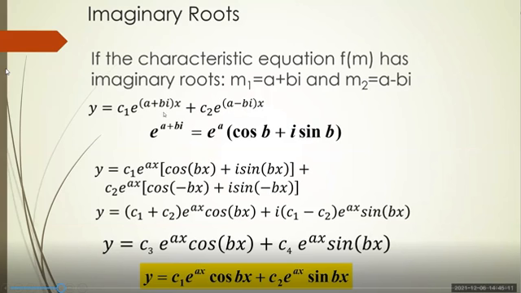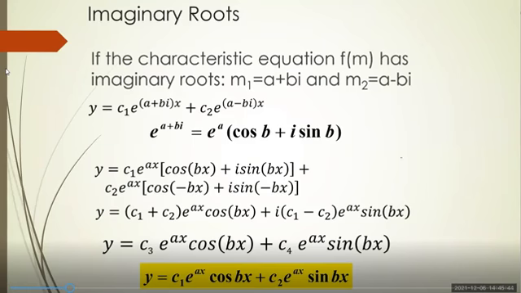Then using Euler's formula, take note that e raised to a plus bi would give us e to the a, cosine b plus i sine b. Using this, you can express the above equation as c1 e to the ax, quantity cosine of bx plus i sine bx, plus c2 e to the ax, cosine of negative bx plus i sine of negative bx.